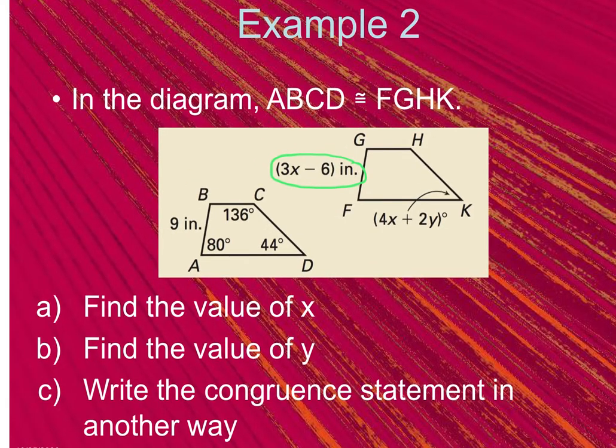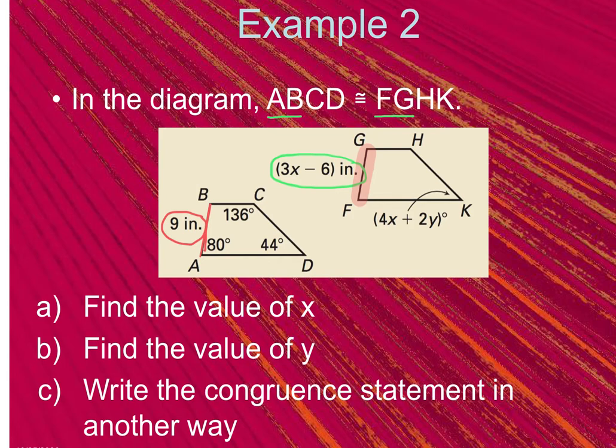Now, the x that we're given is in relation to this side, which is from F to G, okay? So locate FG in your congruence statement, and it's the first two letters. Look at the first two letters of the other congruence statement, and then find that side on your image, AB. The length of AB in this image is 9 inches. Those two need to be congruent, so they need to be the same.